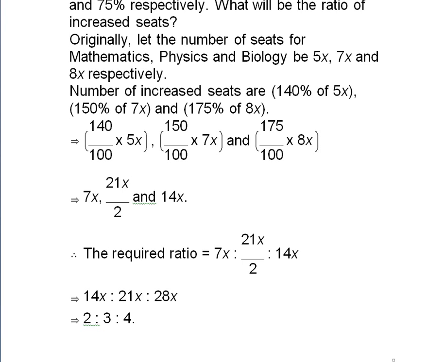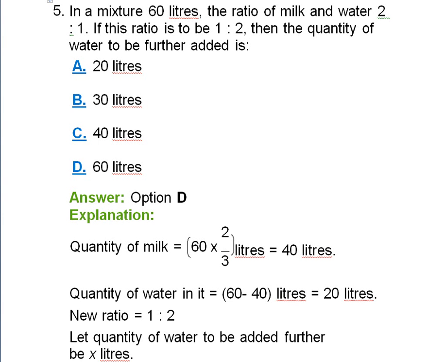In a mixture of 60 liters, the ratio of milk and water is 2:1. If the ratio is to be 1:2, then the quantity of water to be added is? Okay, so the quantity of the mixture is 60 liters and we know the ratio is 2:1.